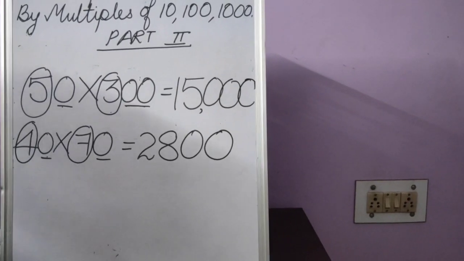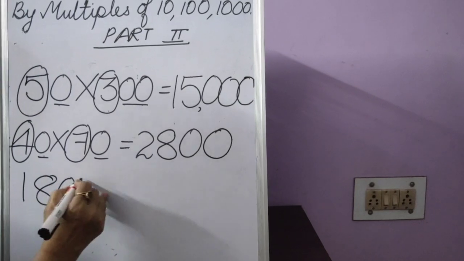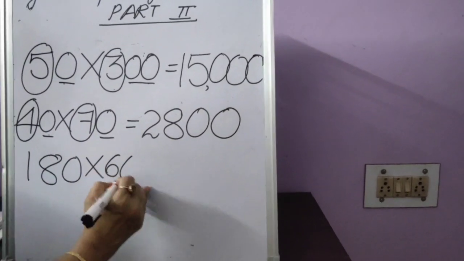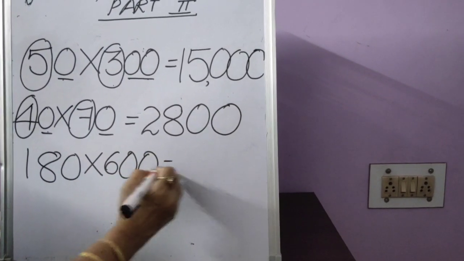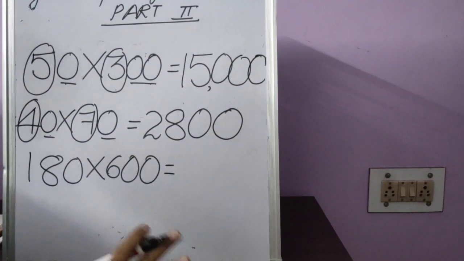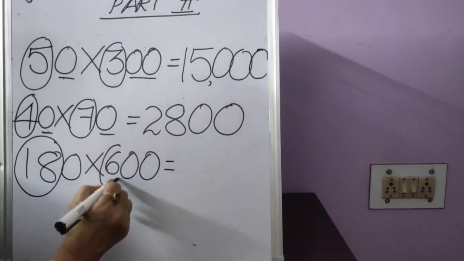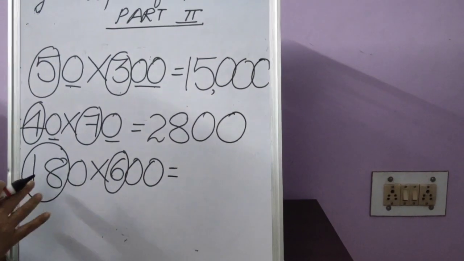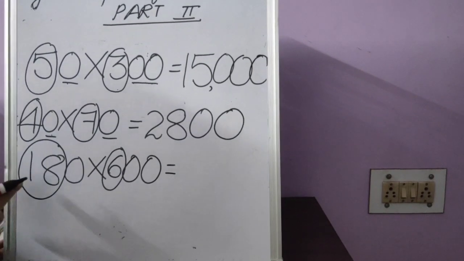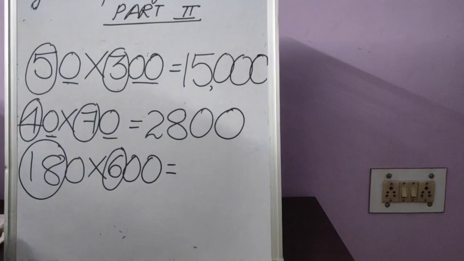Then, suppose you have 180 multiplied by 600. Leave out the zeros at the moment. Nothing to be done. What do we have with us now? 18 multiplied by 6. Now, if you know your tables, you should know it, and then just add the 3 zeros in front of it.